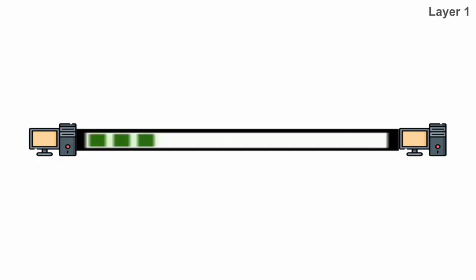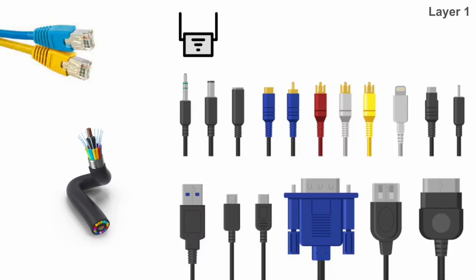So let's start with layer 1. This layer is like the foundational layer of the OSI model. It's responsible for the moving of the bits, the zeros and ones, between devices. As the name suggests, it's physically how the device communicates. So it uses cables, Ethernet, fiber optics, or even wireless signals like Wi-Fi.